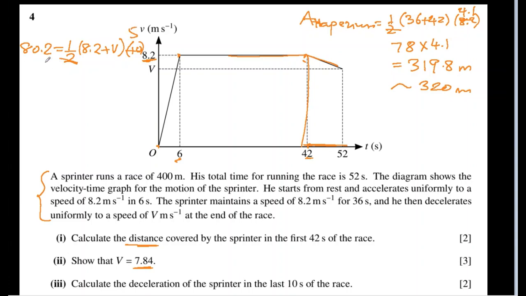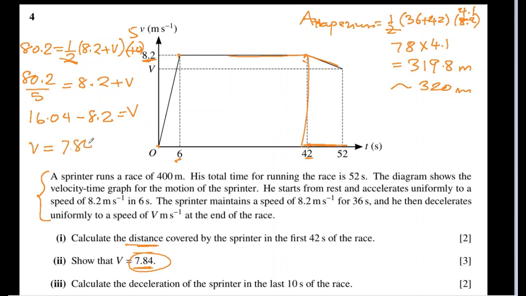This becomes 5, and it divides 80.2 by 5 equal to 8.2 plus V. Leave V alone and that becomes 16.04 minus 8.2. And if I use my calculator, I must get 7.84. Please confirm, I'm sure about this.